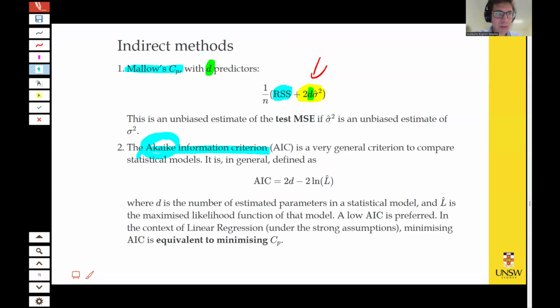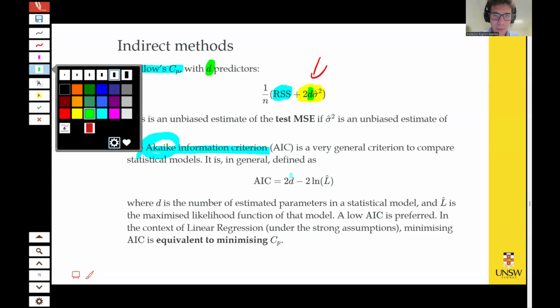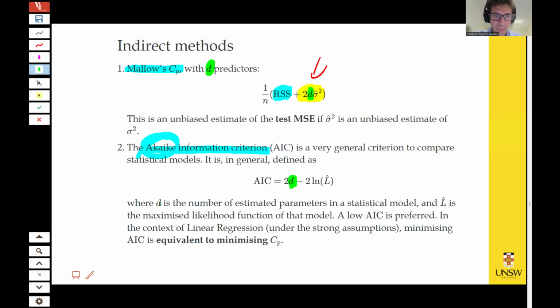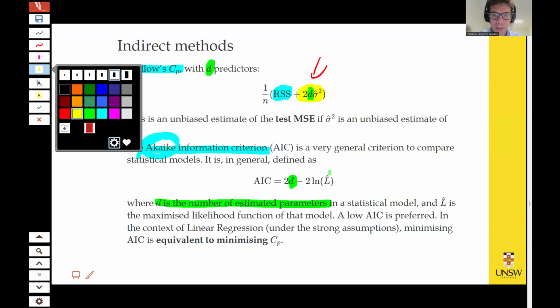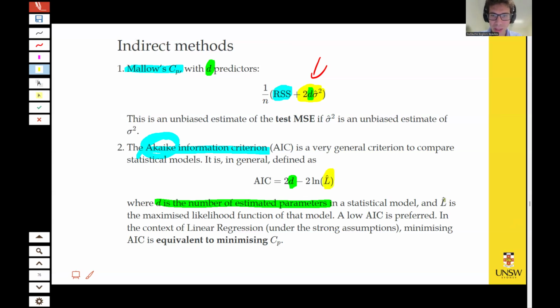Again, you have this d, which would be the number of estimated parameters in any statistical model. Remember, this could be any statistical model you fitted. So d is the number of parameters, and then minus 2 times the log likelihood of your model. Here, this big L hat is the maximized likelihood function of the model.